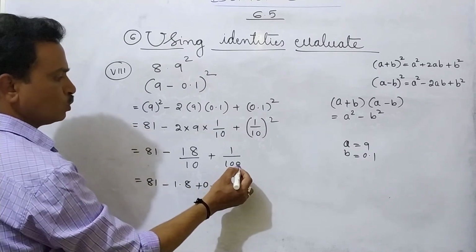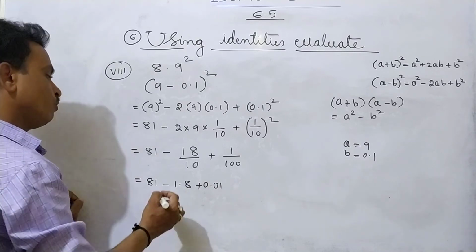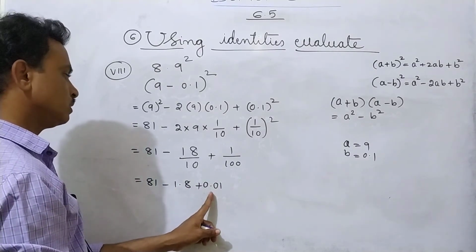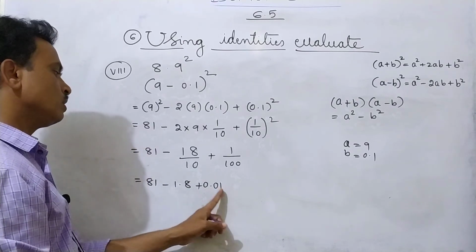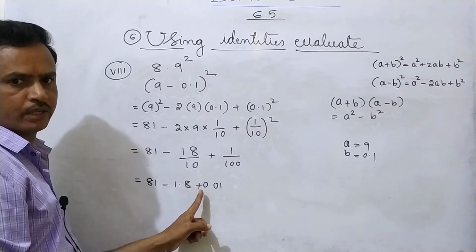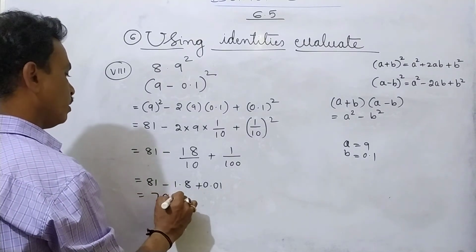After 2 zeros you put the point after 2 digits. Now first you add 81 plus 0.01, then you subtract 1.8. So this is equal to 79.21.